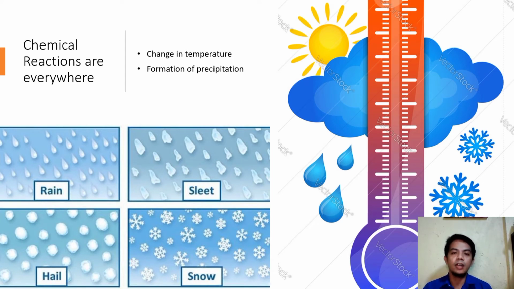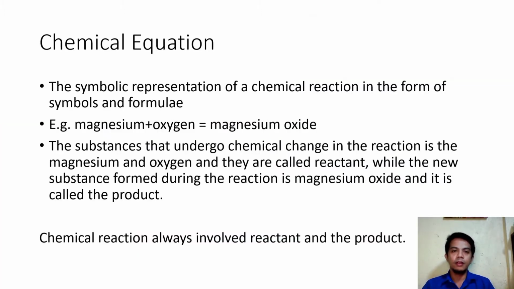All of these scenarios happen with a process called chemical reaction. When the chemical is changed, the chemical equation will also change, and it's very important to know by everyone.